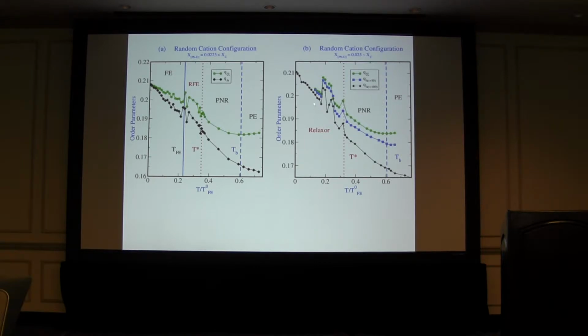So I hesitate to attach any significance to that. But anyway, this is a case where we go from the normal paraelectric phase to the PNR phase, where things are nice and smooth, and then at some point we go into the relaxor region, and then maybe you hit a ferroelectric transition at lower temperatures, or maybe you don't.